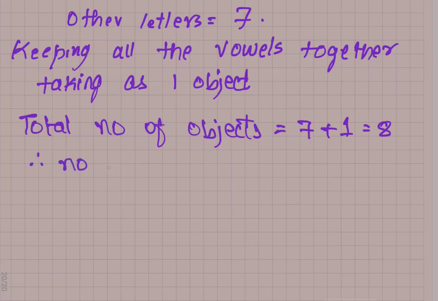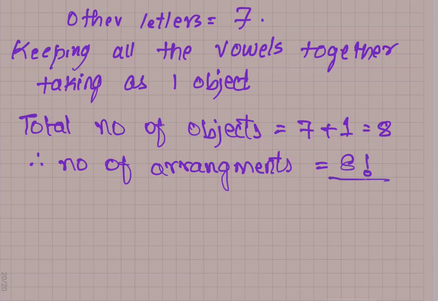Therefore the number of arrangements is equal to 8 factorial upon 2 factorial into 5 factorial.